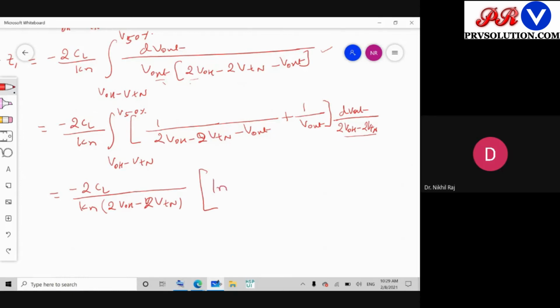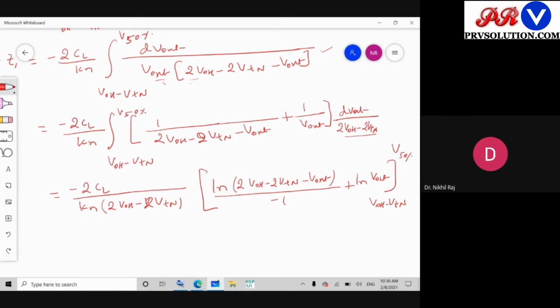So I can write here ln of 2 VOH minus 2 VTN minus V out. And then the derivative of this one will give you minus 1 in the denominator. So minus 1 will come here, and plus ln of V out will get here. The limits are VOH minus VTN, and here V 50%.